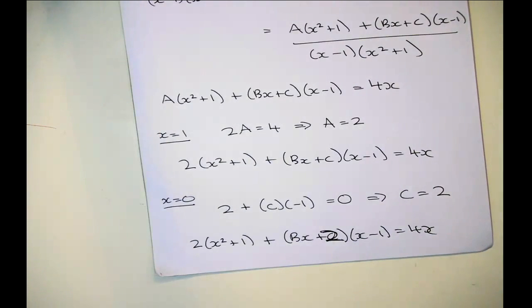Are there any other convenient values? No. But does it matter? I could pick any value I like. I've only got one left. Doesn't matter. I can pick anything. This is supposed to be true for any x. Well, I've used x equals 1 and x equals 0. Make life easy. Why don't we use minus 1?